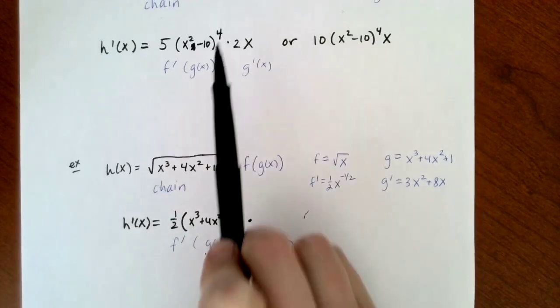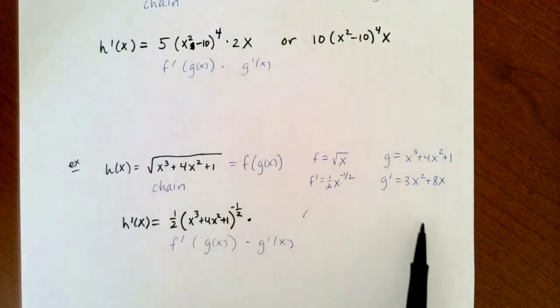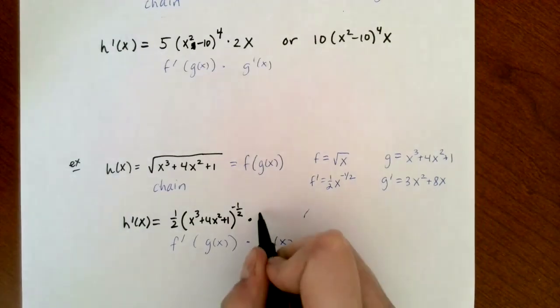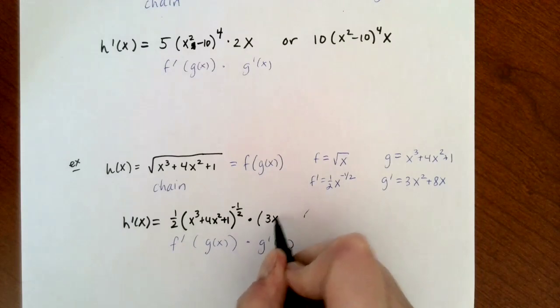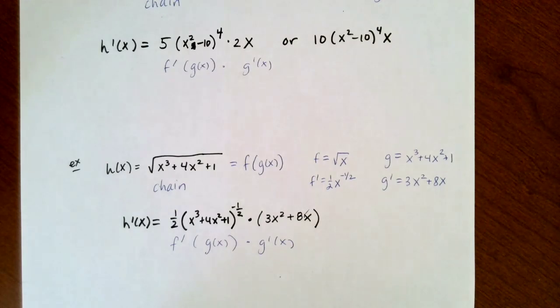In the last example, it was a 2x, so I didn't put parentheses around it because it was just one term. But because this has addition, like this plus this, I need a set of parentheses to say it's times all of this. And I don't want it to look like the plus 8x is way on the end on its own. So this one has no super obvious simplifying, so I'm going to leave my answer just like that.